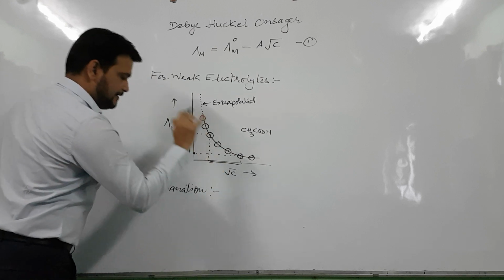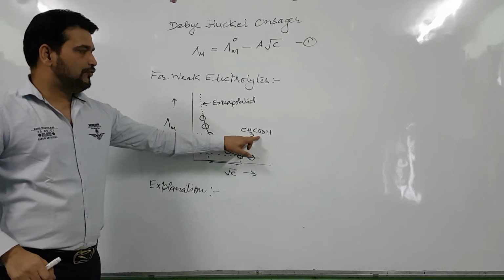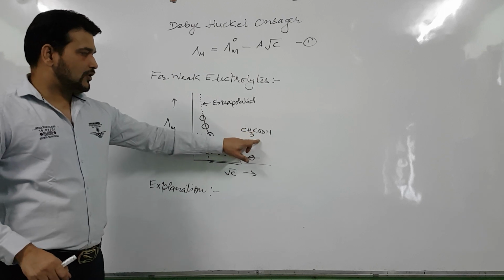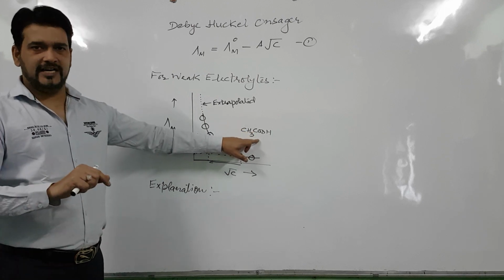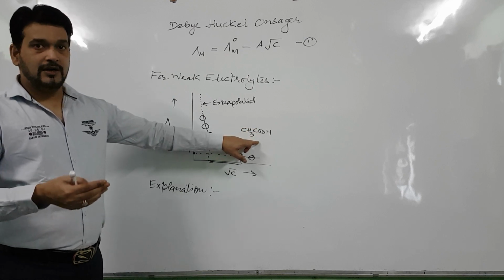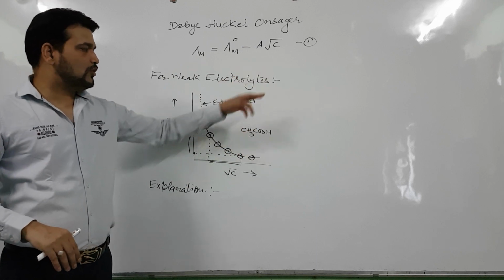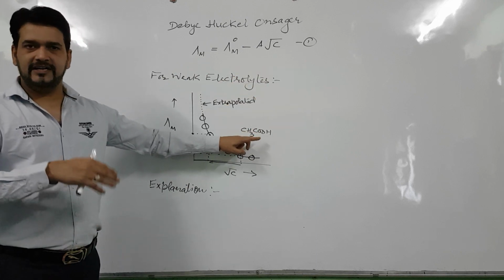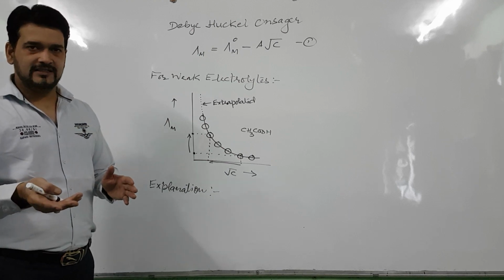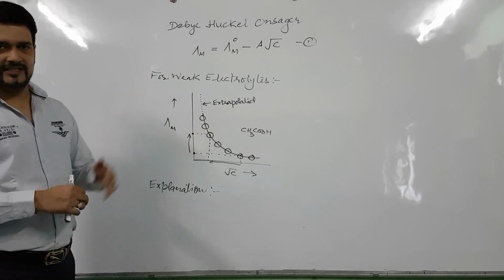In explanation, we say that this is a weak electrolyte, and a weak electrolyte does not dissociate completely when some water is added, but when we keep on adding water, more and more ions from the weak electrolyte are produced, and due to the greater number of ions, the molar conductance of the electrolyte increases.